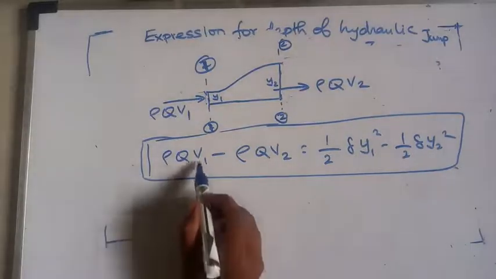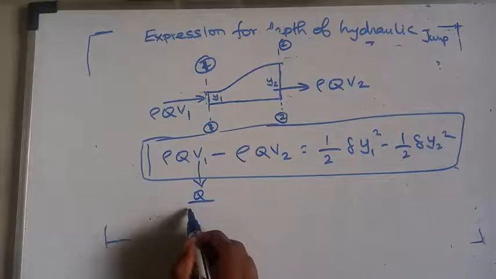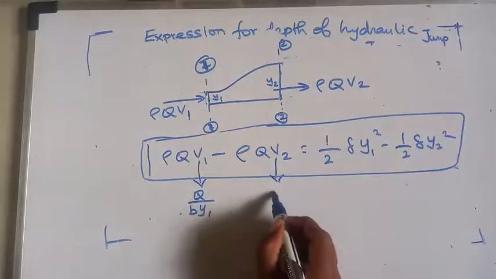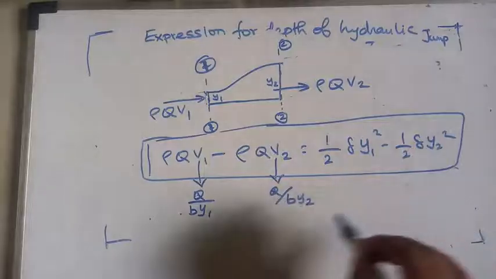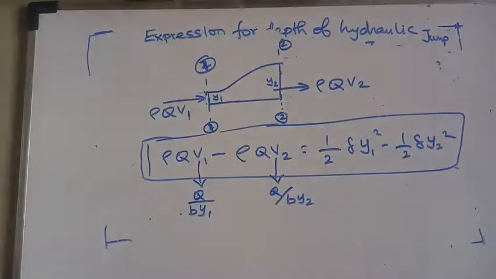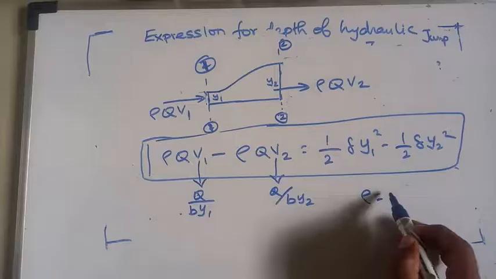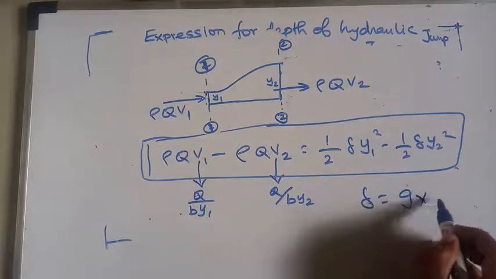If I substitute v1 is equal to discharge by area, where area is nothing but breadth times y1, and v2 as Q divided by breadth times y2, then the entire terms will become in terms of y1 and y2. We know unit weight is equal to g times density.